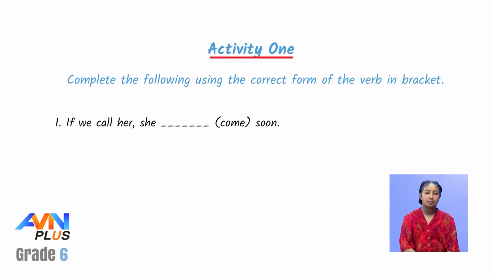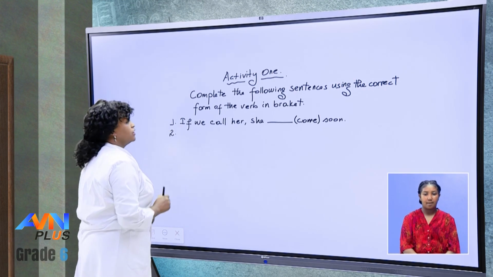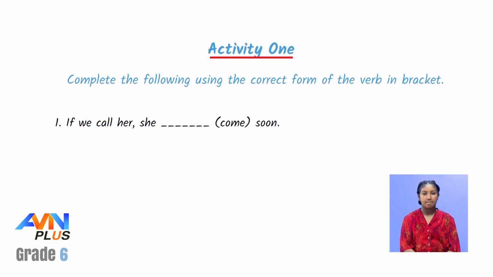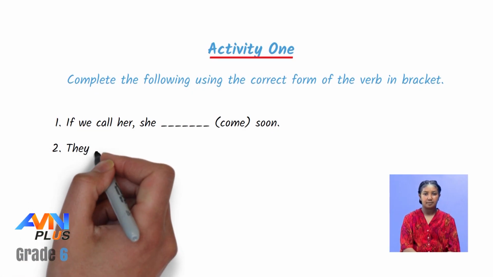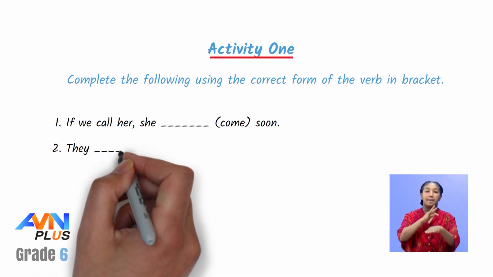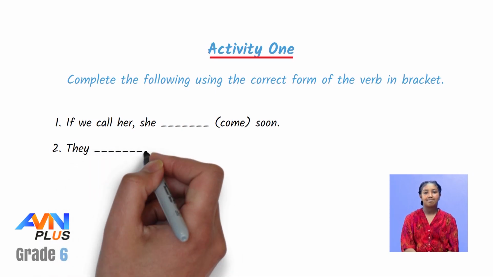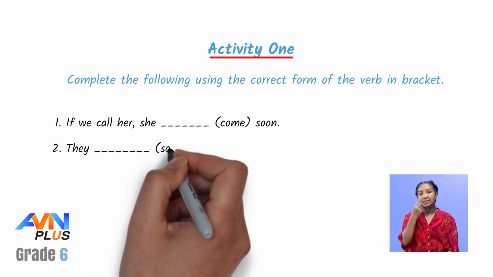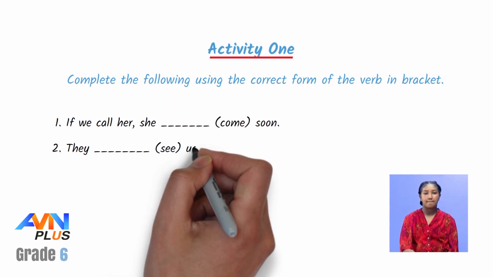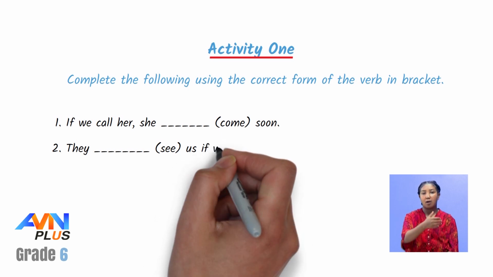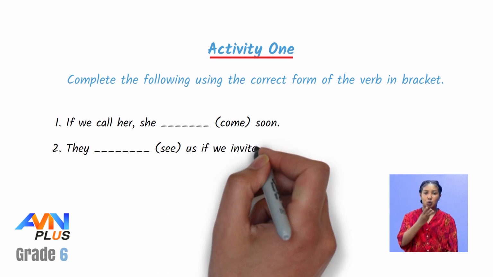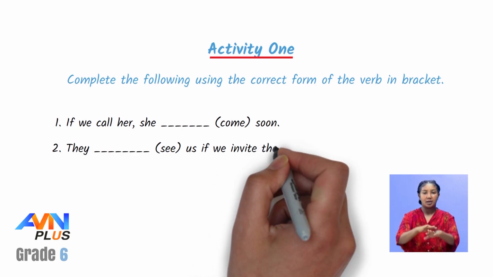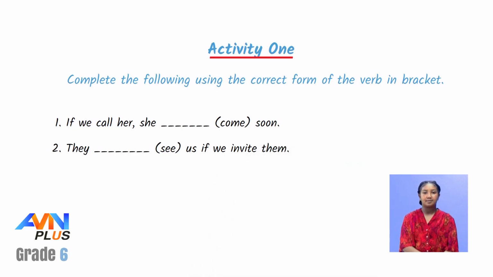And for the second one: they blank, the verb given is see, us, then if we invite them.